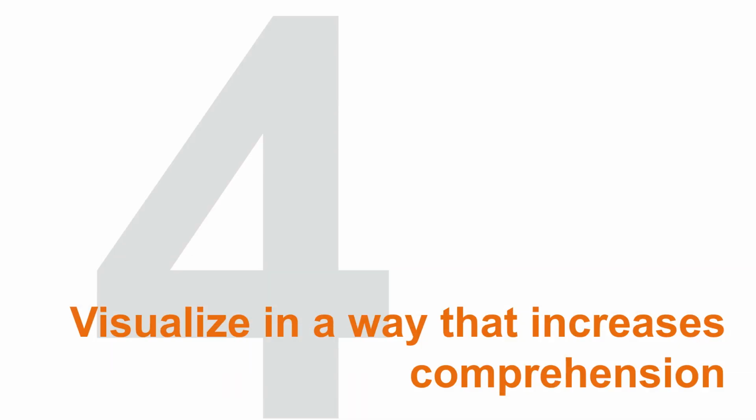Fourth is designing graphics in a way that increases comprehension for your readers. Start by thinking about how you order the data in your visual. You can make comparisons easier by presenting the data in a logical order. Because our brains like patterns, sorting the data makes it easier to compare the values and identify trends and relationships.